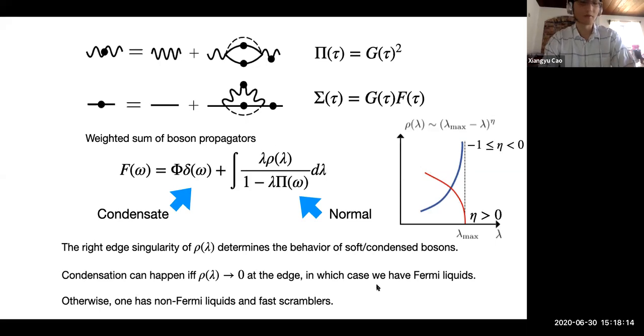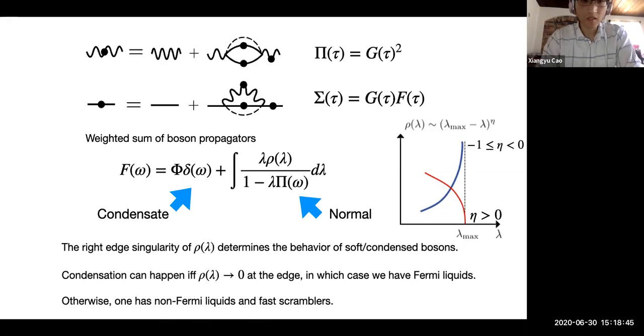And in this case, we'll generate a SYK2 term, and the rest of the bosons will not be that relevant, and we'll have a Fermi liquid. Otherwise, if there are so many boson modes, then there will be frustration. So you don't know which boson mode will condense, and then you will have non-Fermi liquids and fast scramblers.